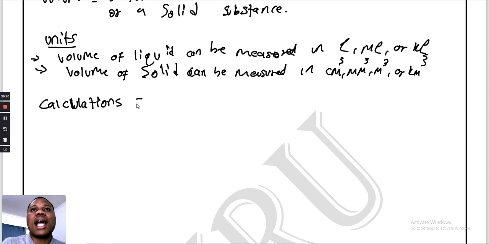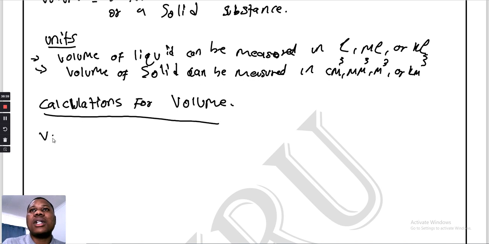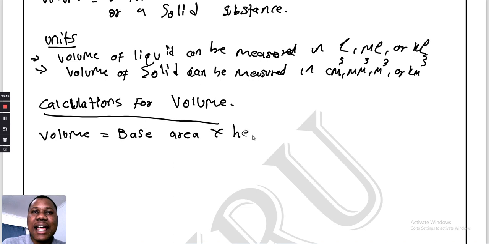Okay, calculations of a volume. Volume is equal to base area multiplied by height. Then you are done.